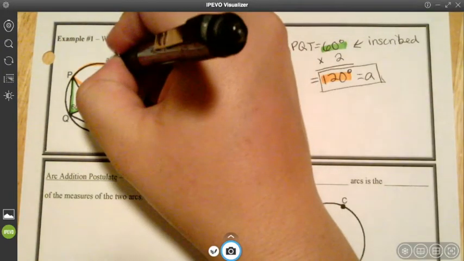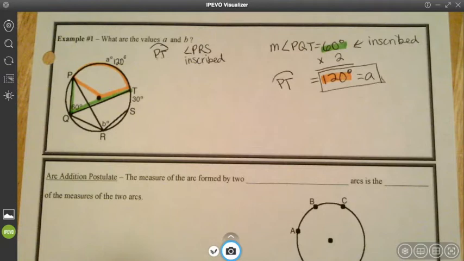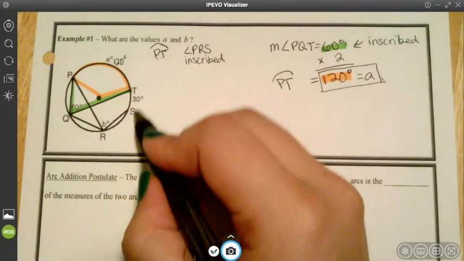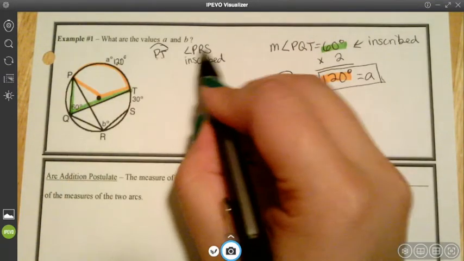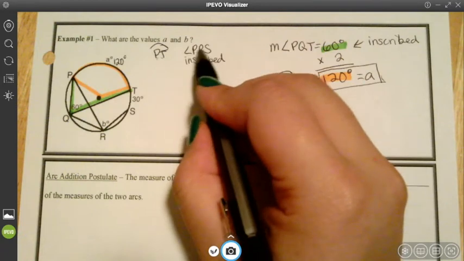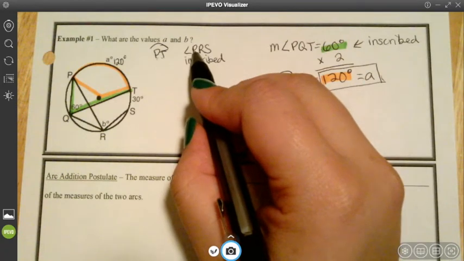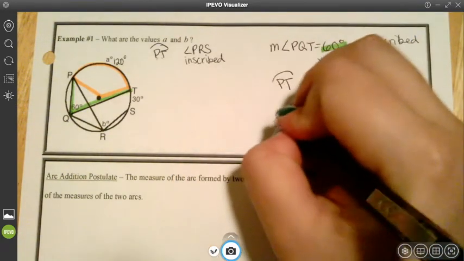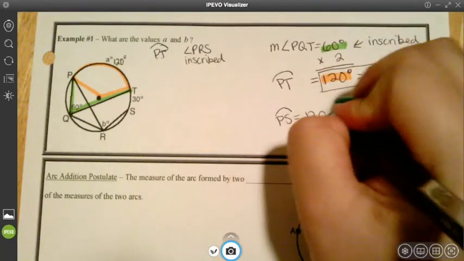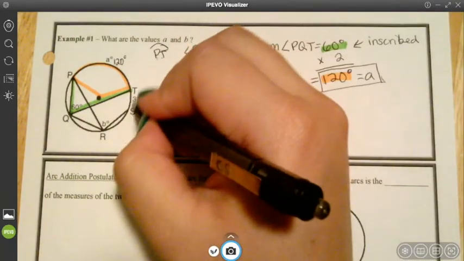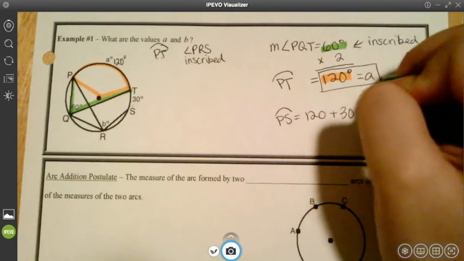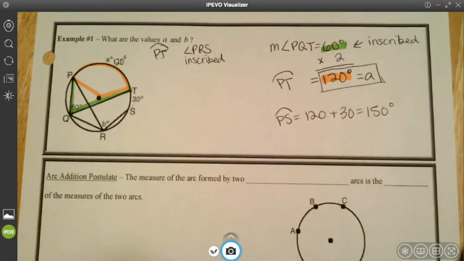So if A is 120 degrees, then arc PS, right? I need to find PRS as an angle, so I'd like to get an arc PS. So arc PS is 120, but then also 30 more. So that's 150 degrees.